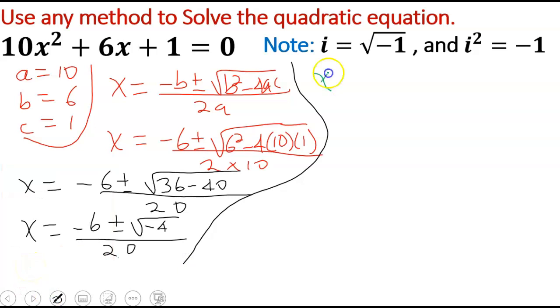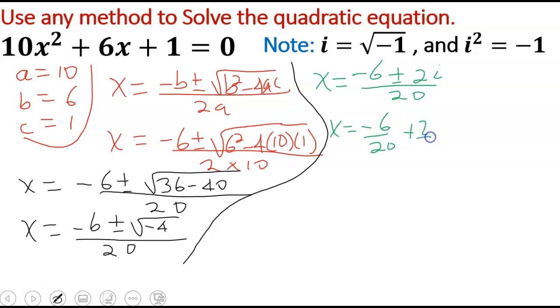So x equals negative 6 plus or minus 2i over 20. Okay, let's separate them. x equals negative 6 over 20 plus 2 over 20 i, or negative 6 over 20 minus 2 over 20 i.